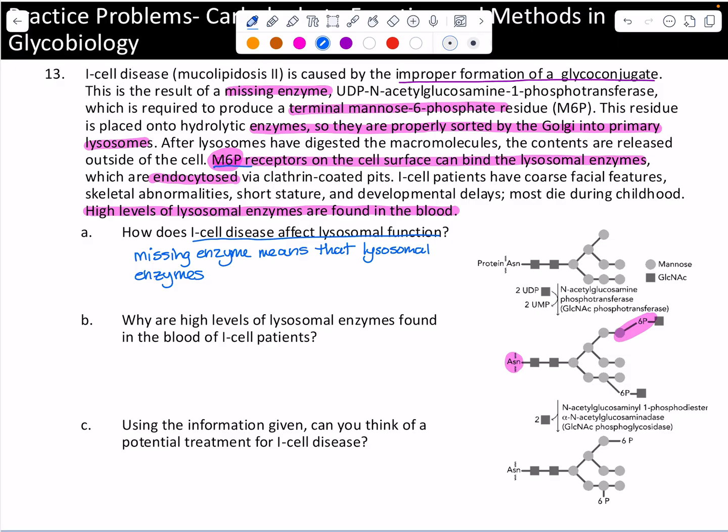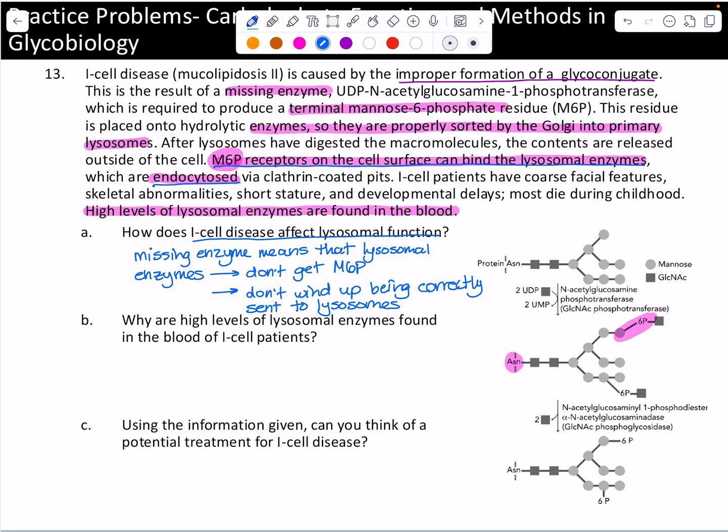M6P receptors bind lysosomal enzymes and bring them into the cell, right? So it means that the lysosomal enzymes don't get the M6P, so they don't wind up being correctly trafficked or correctly sent to the lysosomes, right?